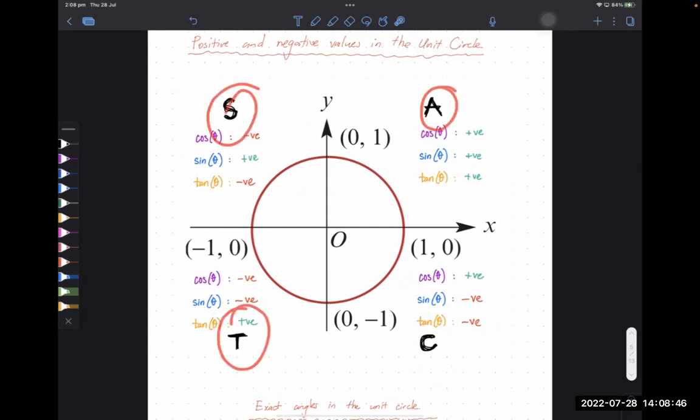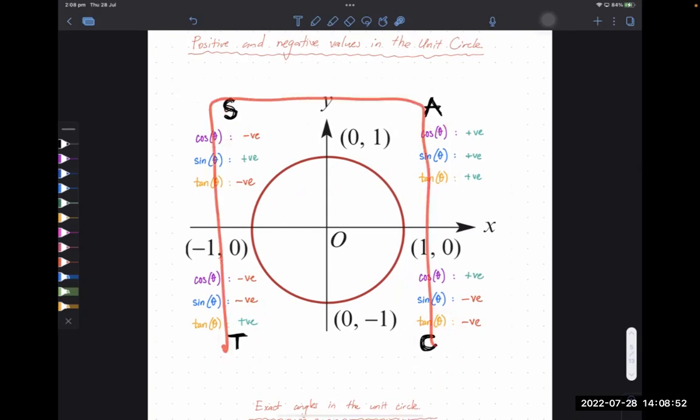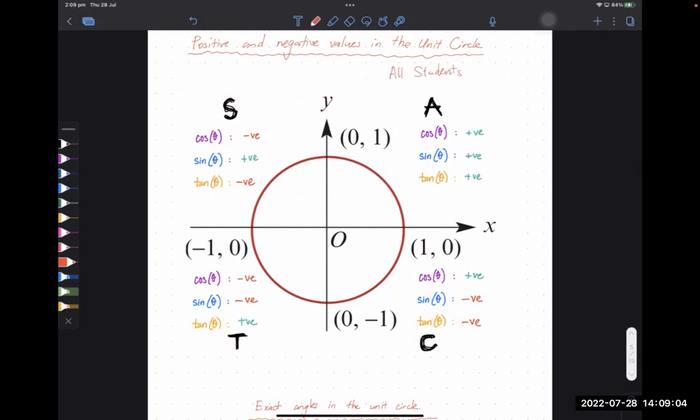All students talk crap. Yeah, but I like to keep it simple. CAST. Yeah, there's a lot of acronyms for it. My runner up is this one here: all students talk crap. Or you can just see it as the CAST, right?